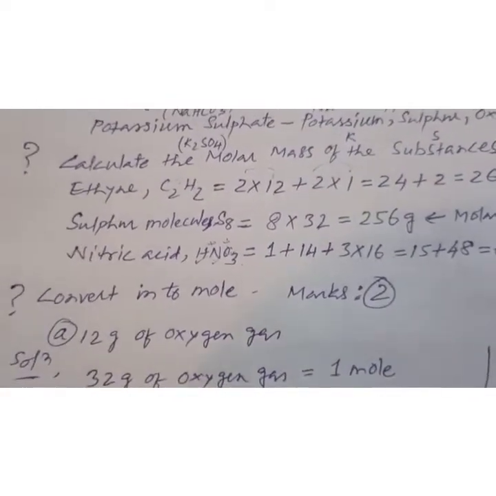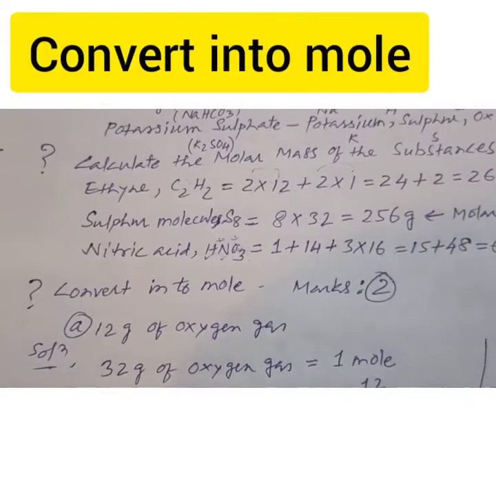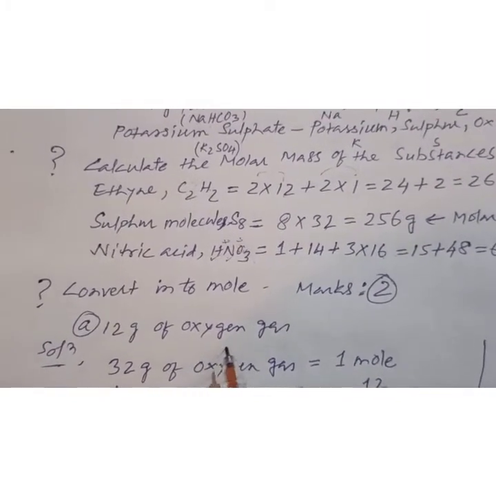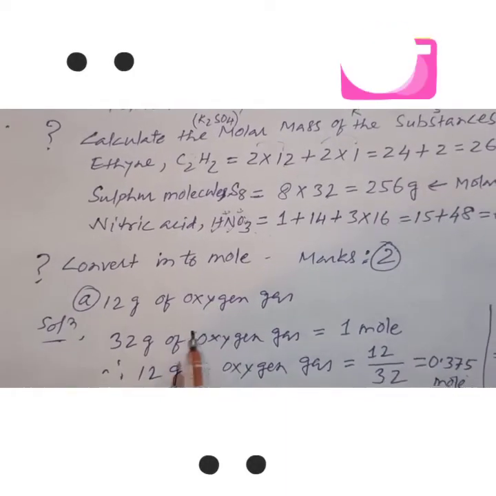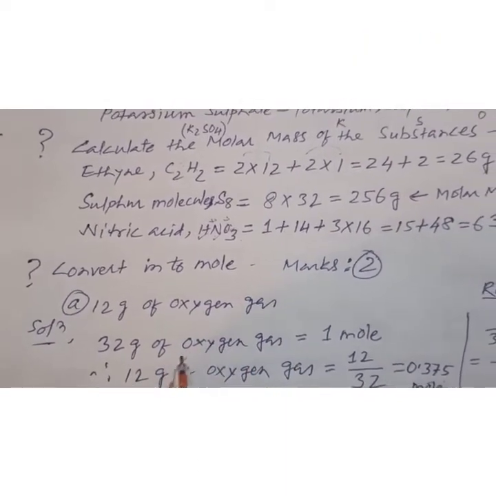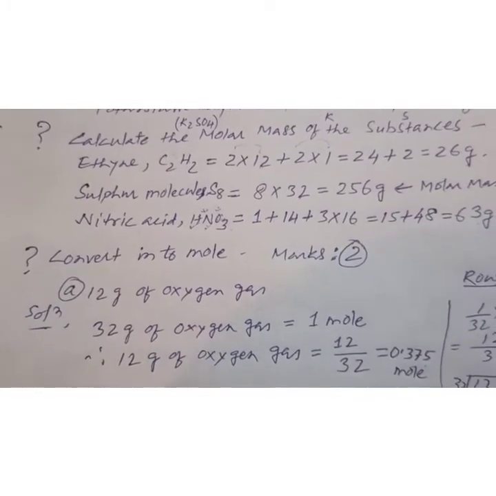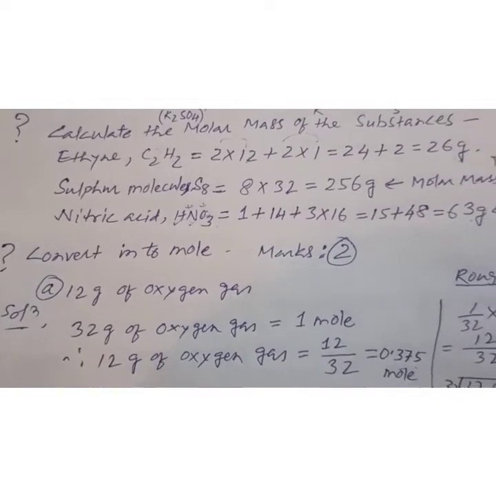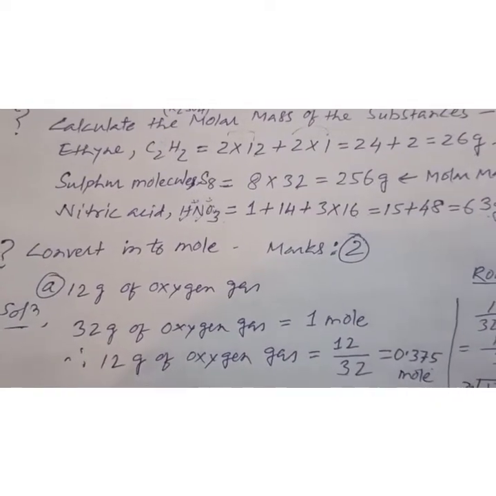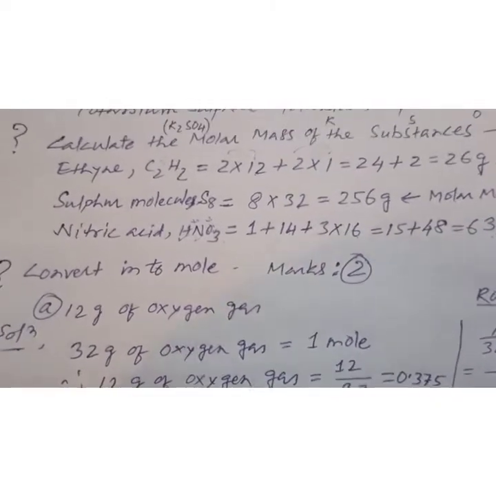This question is important, and if you study in the science stream, then it is very essential. Then you see 12 grams of oxygen gas. We know that 32 grams of oxygen gas equals 1 mole. So you had better write it like this.